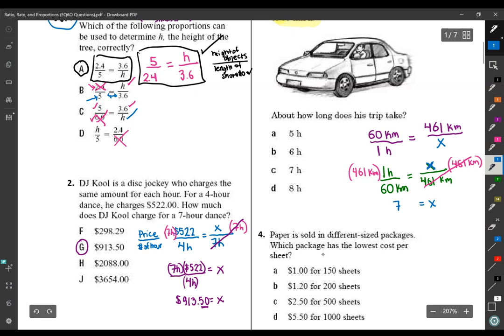That gives us 7.7. It says 7.68, but I'm going to round 7.7 hours. Okay. Now, 7.7 hours, that is much closer to 8 hours than it is to 7 hours, right? We would round that up to 8 hours. So D is the correct answer.